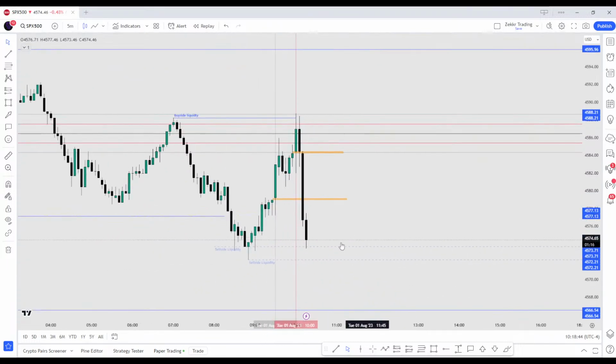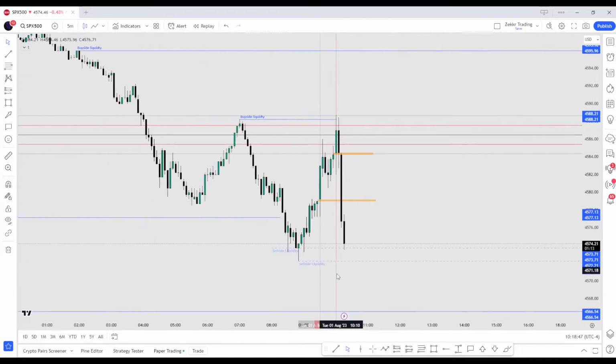Yeah, I want to see a drop, a push up, so I'm looking for longs right now. We came into the rejection block, which is nice.